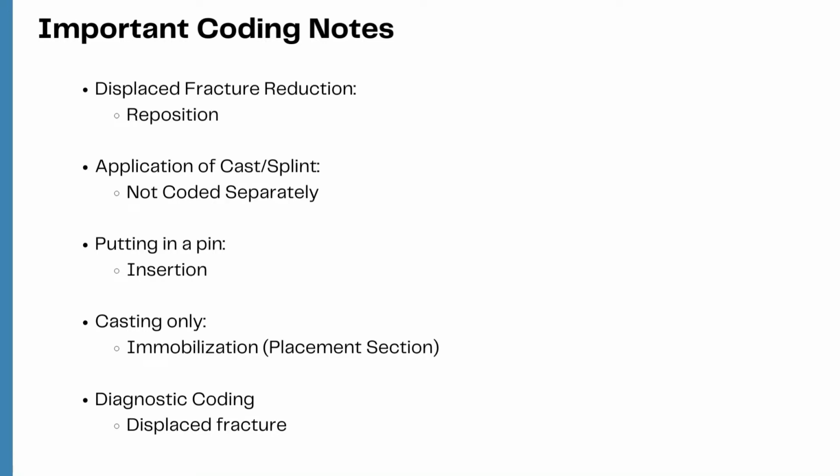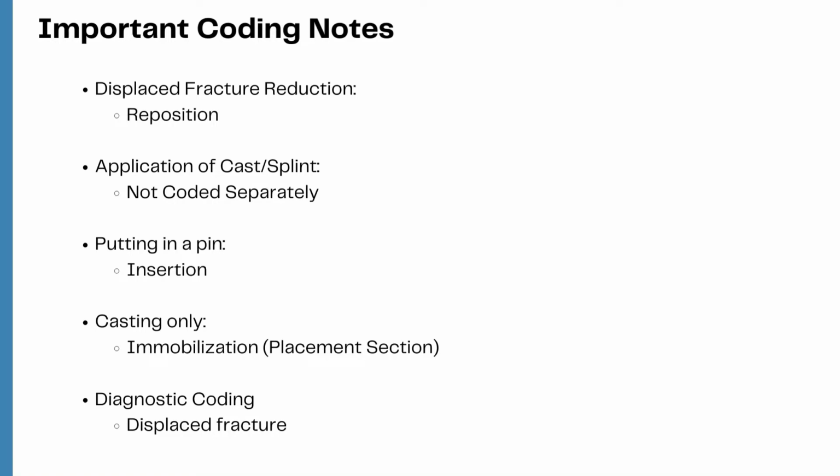Another point you need to remember is if no fracture reduction is performed, no pin and nothing is done, only a cast is placed, then the cast placement alone should be coded to immobilization as the root operation. But this immobilization root operation is under the placement section. It's not medical and surgical.